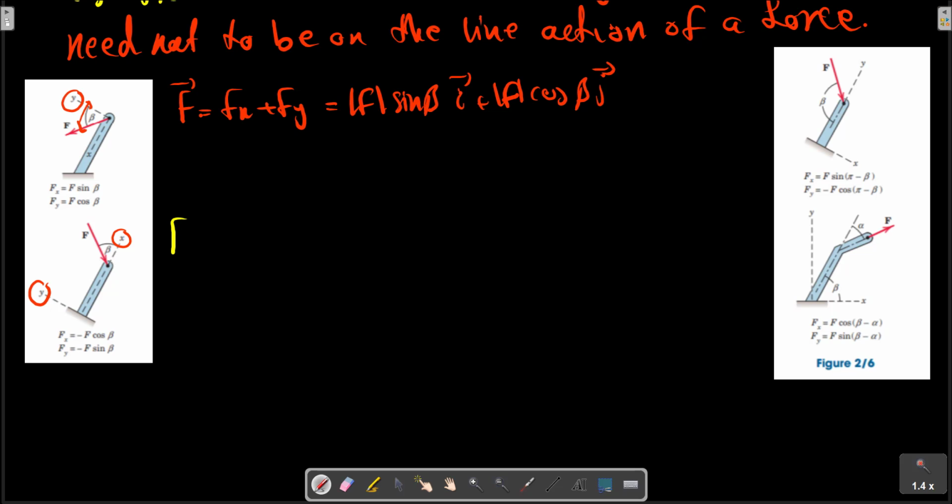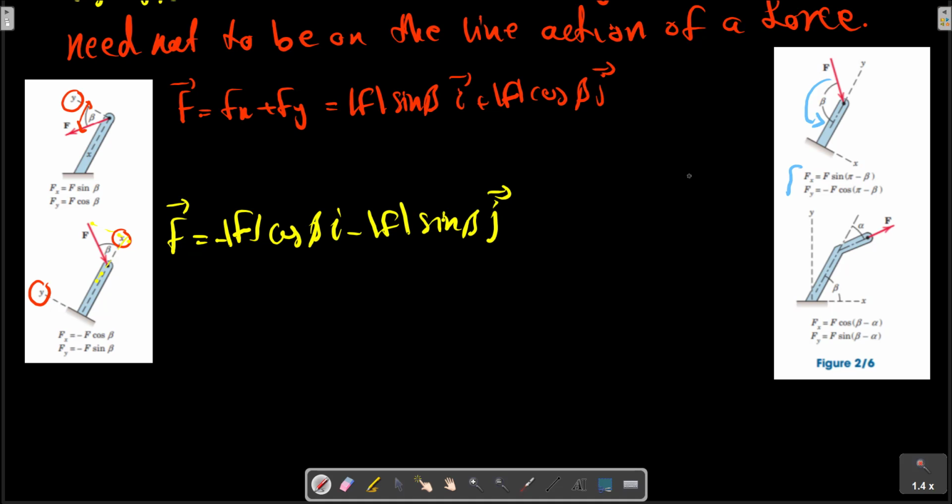In this case, if we use the component F cos beta in the y direction, and F sin beta j. The third case, beta is also different.